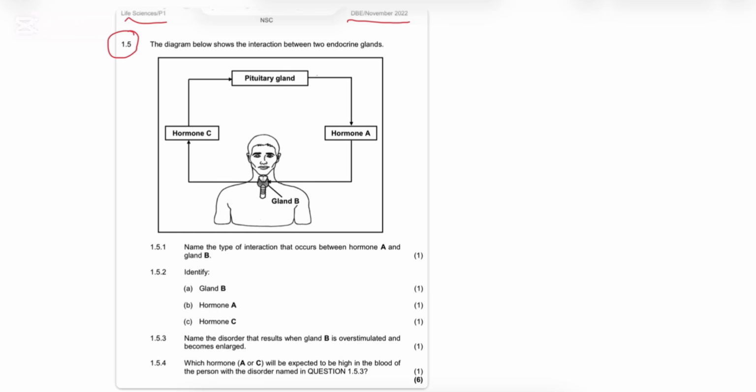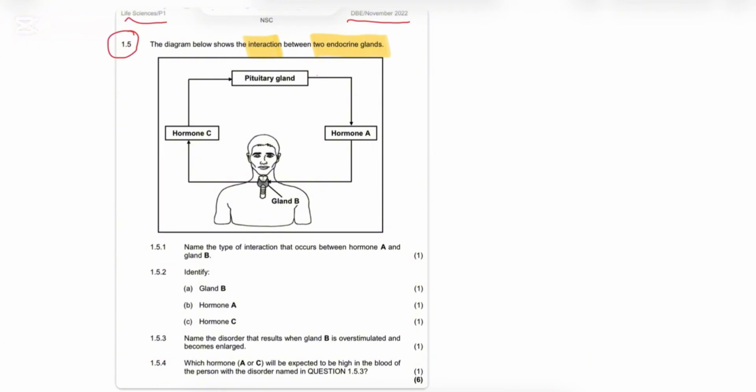As you can see here, guys, the question says, the diagram below shows the interaction between two endocrine glands. So, let's break it down step by step.